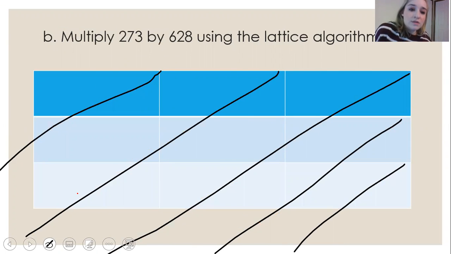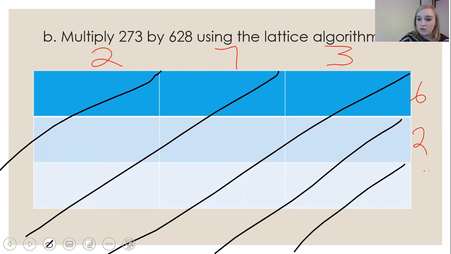All right, moving on to a little bit bigger one. We're going to do 273 times 628. We're just going to do it the exact same way that we did before. 6 times 3 is 18.